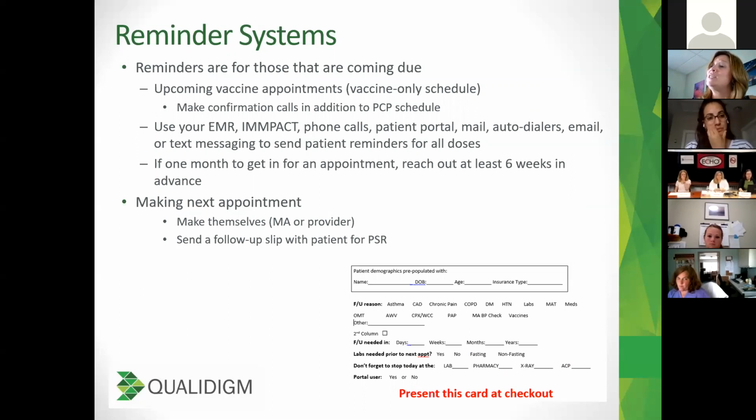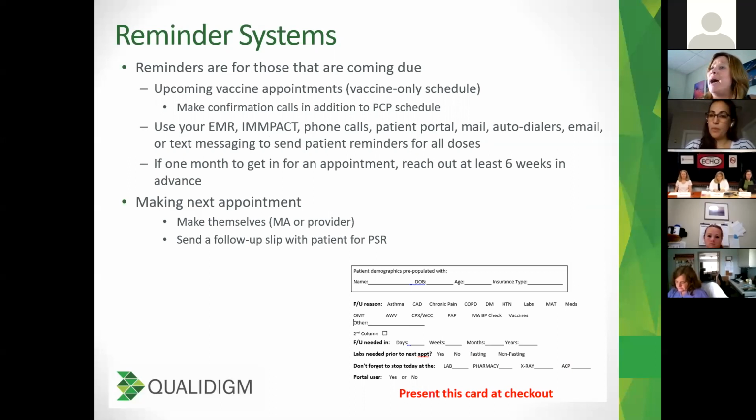If that's the case, you may want to pull a report for people who are going to be coming due in 8 weeks. Because if you wait until 4 weeks and it takes 6 weeks to get them in, they're already going to be overdue by the time you actually see them. So this is a way to actually keep your rates stable or actually improve them, if you're not only reaching out to those who are overdue, but reaching out to those who will be coming due.